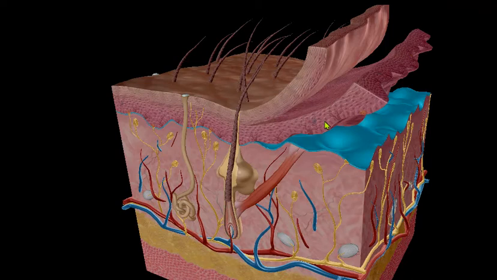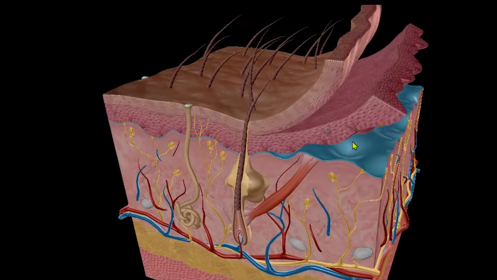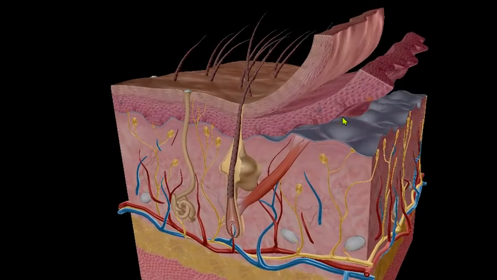Thick skin will have 5 layers in the epidermis, while thin skin will only have 4. The 3D model in front of us is thin skin, so we'll be able to appreciate the 4 layers, and the 5th layer you would see in thick skin we'll allude to as we move ahead.